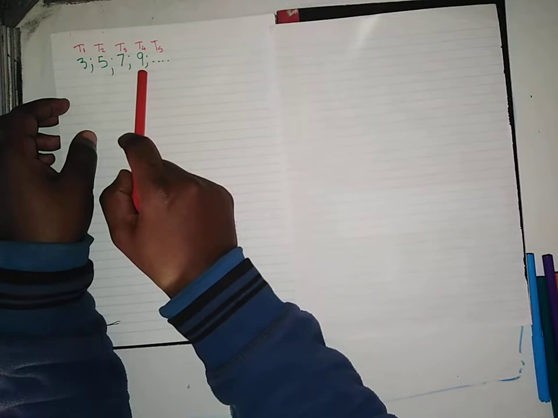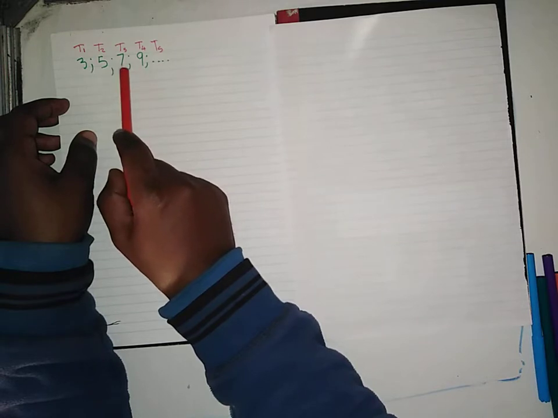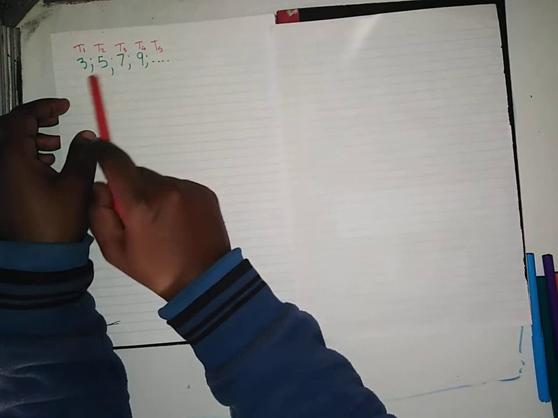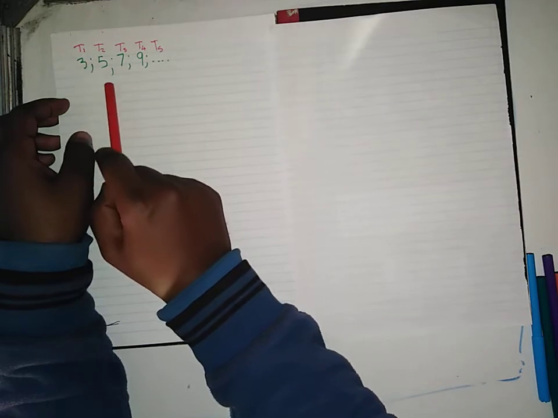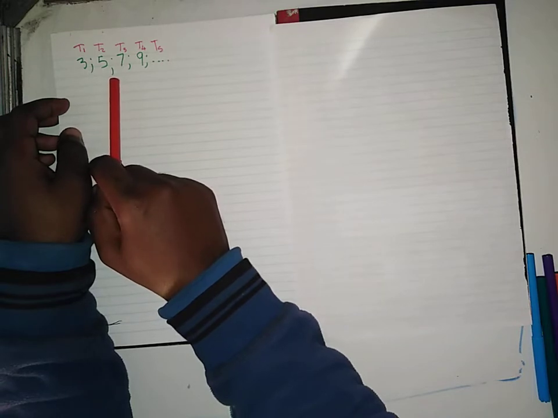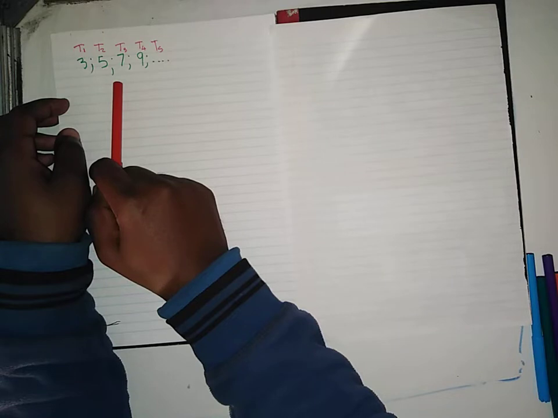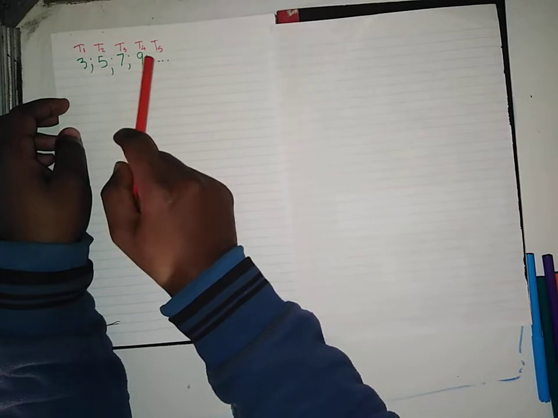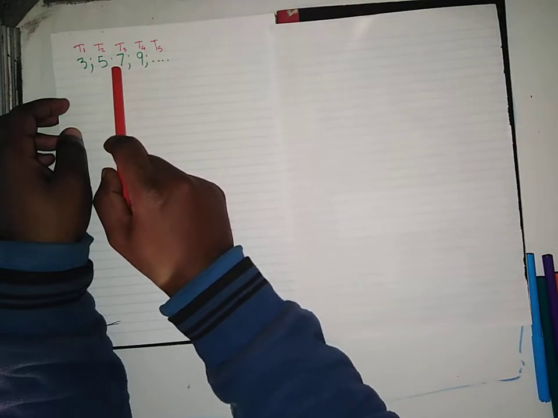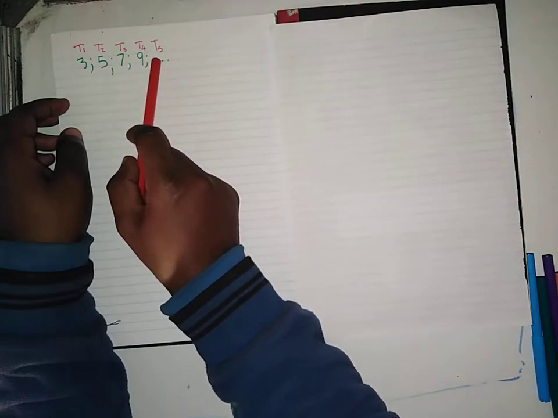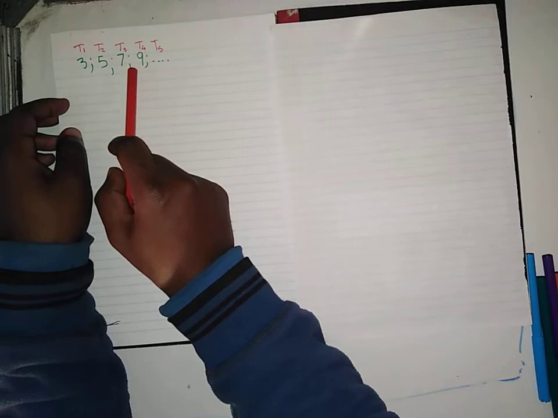What is the difference between these two numbers? It is 2 as well. So for all of these terms, the difference between two numbers is 2. If I were asked to find the next term, T5, what would it be?